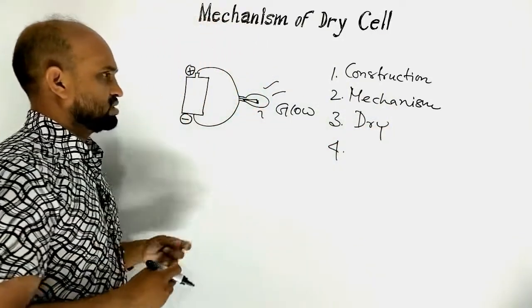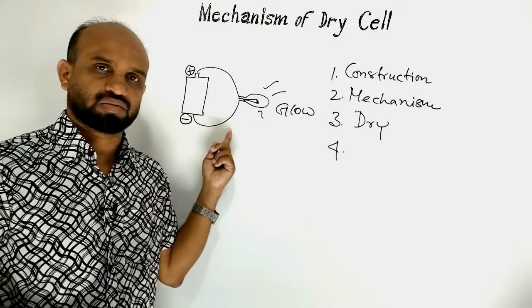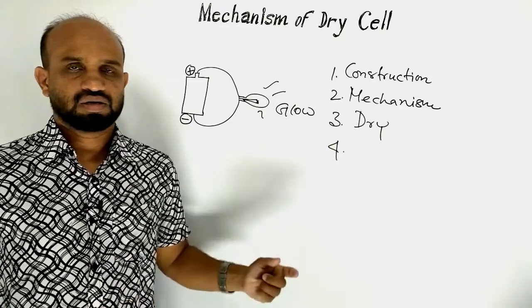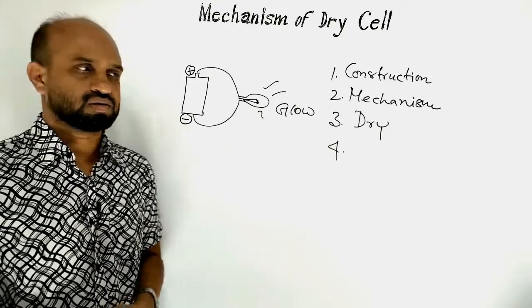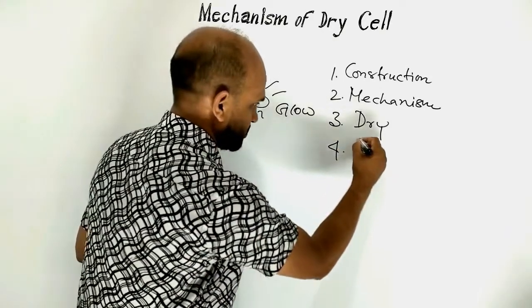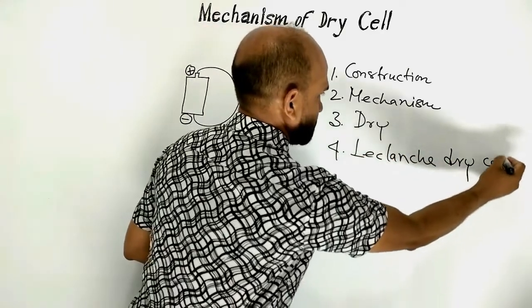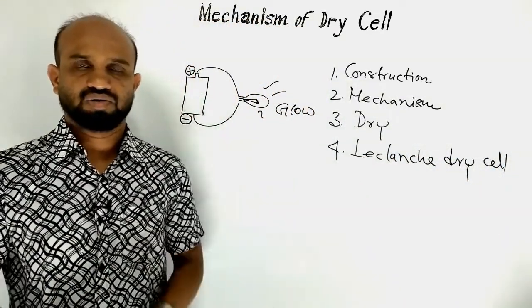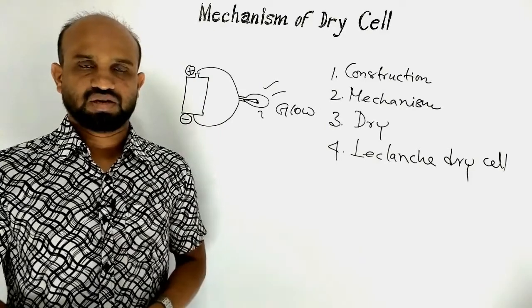Then this dry cell is sometimes called Leclanché dry cell. In this lesson we will learn the reason behind this term Leclanché dry cell. So let's go to the detail.